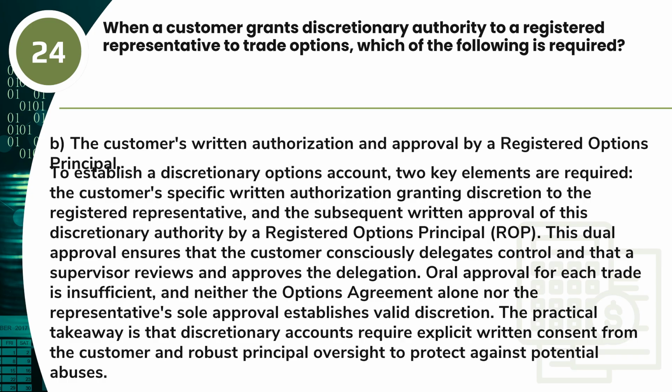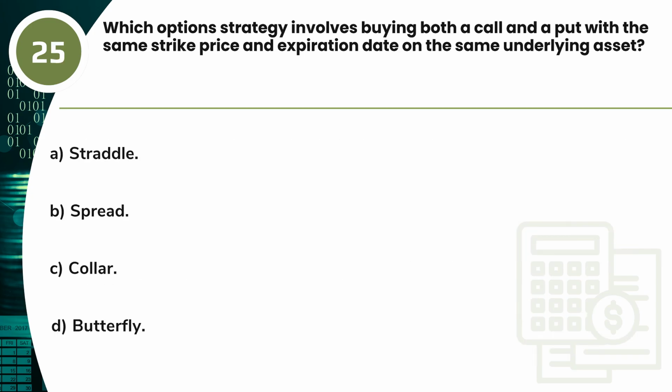This dual approval ensures that the customer consciously delegates control and that a supervisor reviews and approves the delegation. Oral approval for each trade is insufficient, and neither the options agreement alone nor the representative's sole approval establishes valid discretion. The practical takeaway is that discretionary accounts require explicit written consent from the customer and robust principal oversight to protect against potential abuses. Question 25.